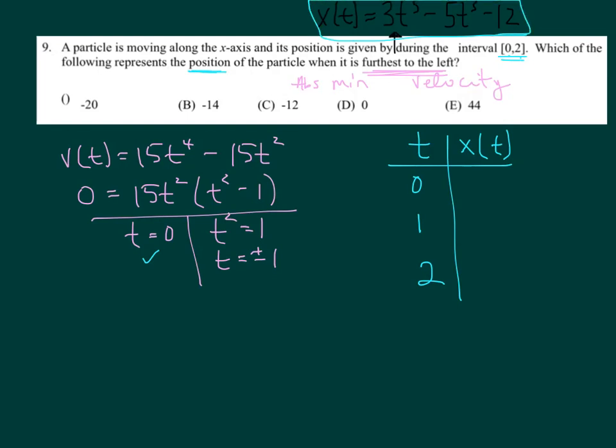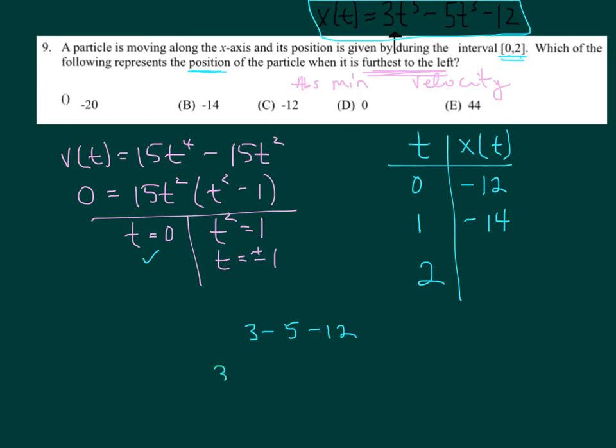So I'm going to plug in the 0. 3 times 0 minus 5 times 0 minus 12 would just be negative 12. If I plug in a 1, it would be 3 times 1 is 3, minus 5 times 1 is 5, minus 12. So 3 minus 5 would be negative 2, minus 12 would be negative 14. The last one I have to plug in is a 2.